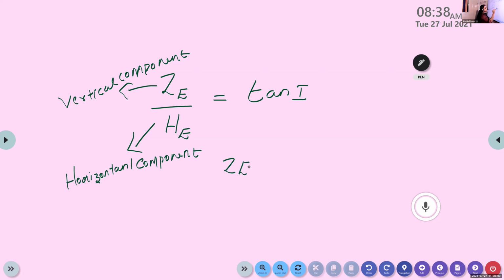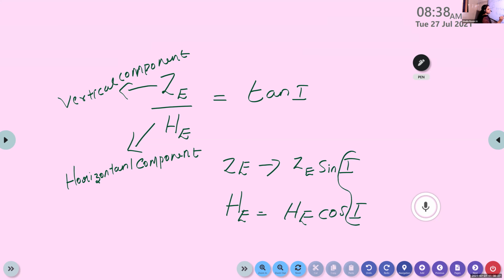And we know that the vertical component Z is equal to ZE sin I and H is equal to HE cos I. So here we are only bothered about this angle I. These two become equal only at 45 degree.